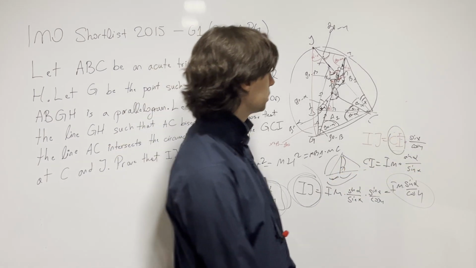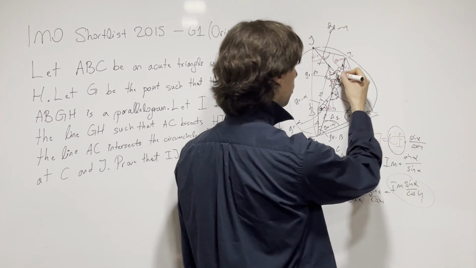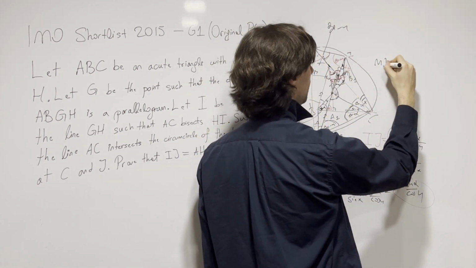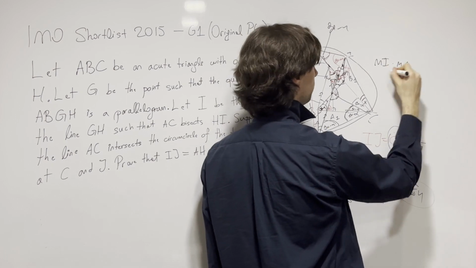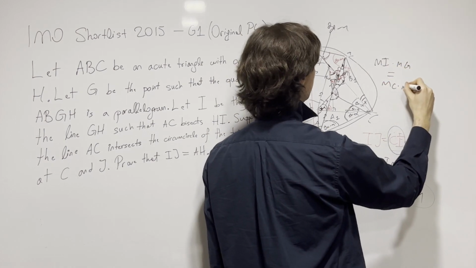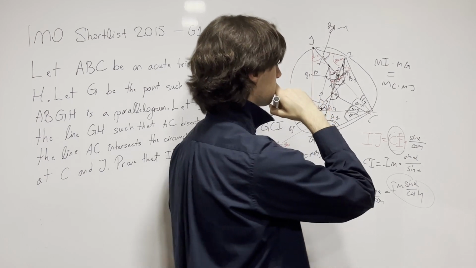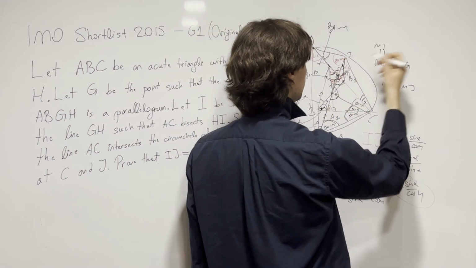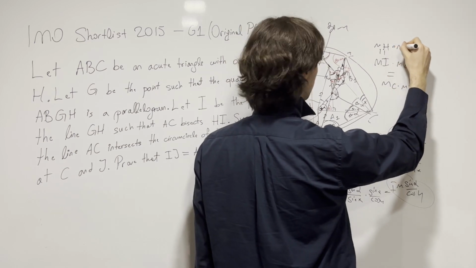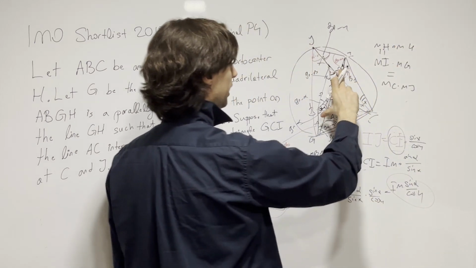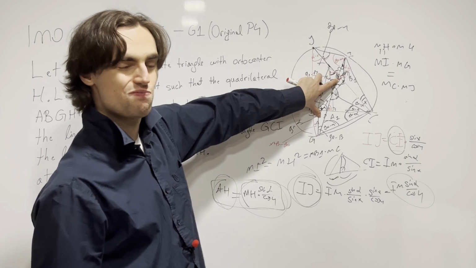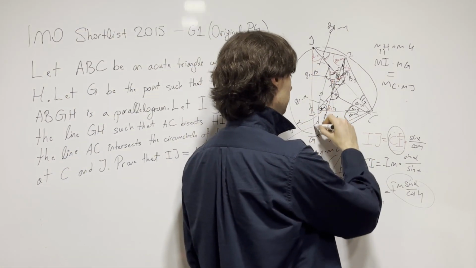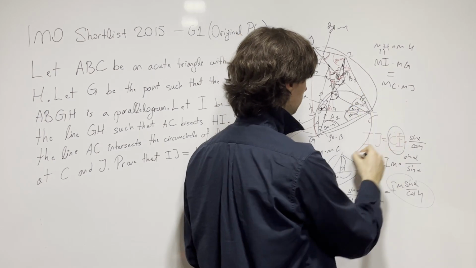And the idea is, well, I have power of point with M. And I get that MI times MG is MC times MJ. And I also can have this as MI times MH equals MG. And now what is MH times MG? Well, it's the power of point with respect to this circle.